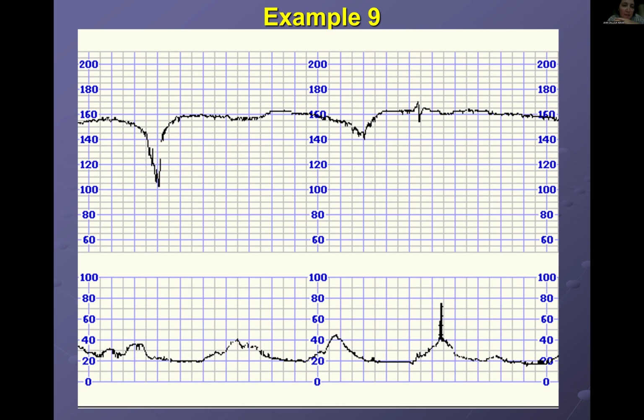And again, if the Doppler is fine, we would cautiously keep on monitoring and wait. But definitely she can't go home. She would need to be observed.